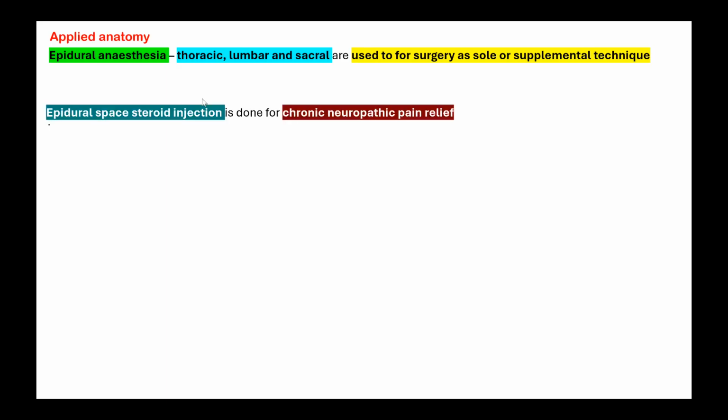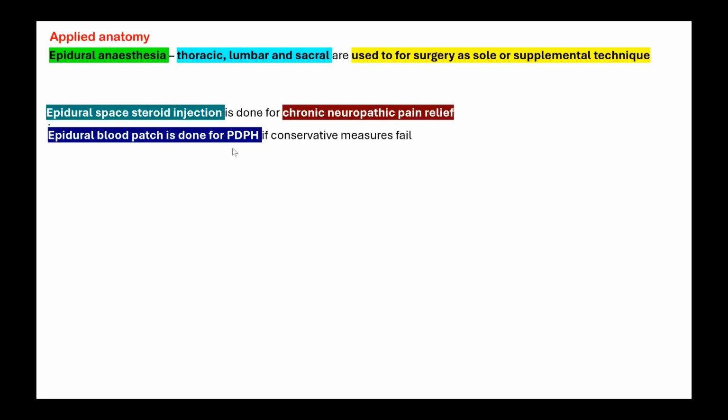Now coming to applied anatomy, epidural anesthesia, all thoracic, lumbar, sacral, are used for surgery as a standalone sole technique or as a supplemental technique for general anesthesia. Then epidural steroid is given for chronic neuropathic pain relief.